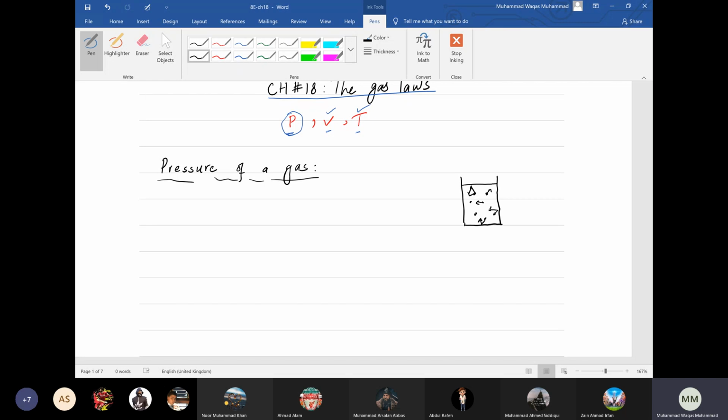And if their direction of motion changes, it means their velocity changes. If their velocity changes, their momentum changes, because we have studied momentum is equal to mass times velocity. Momentum changes if velocity or mass changes. So their momentum changes.